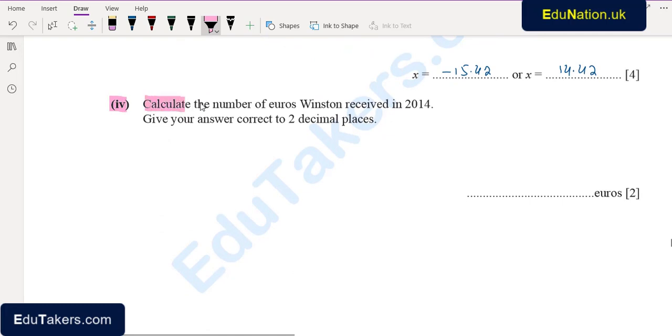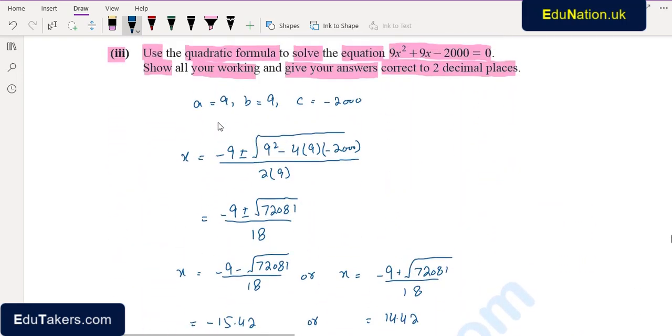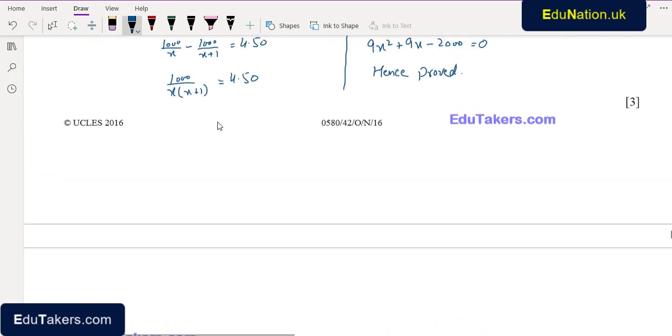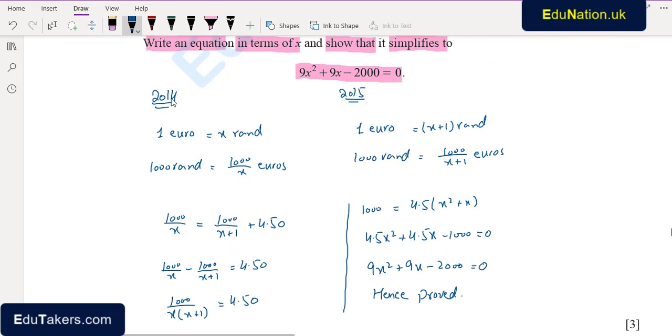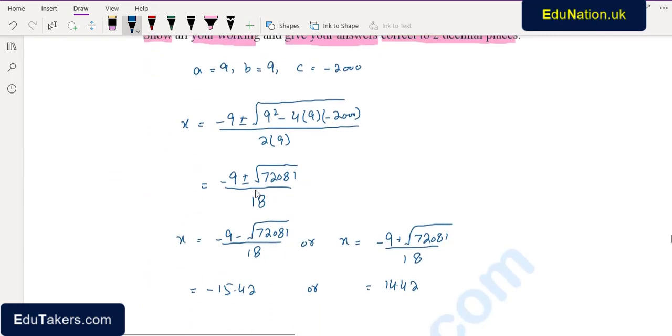Part 4. Calculate the number of euros Winston received in 2014. Give your answer correct to 2 decimal places. In 2014, 1000 rand equal 1000 over x euros.